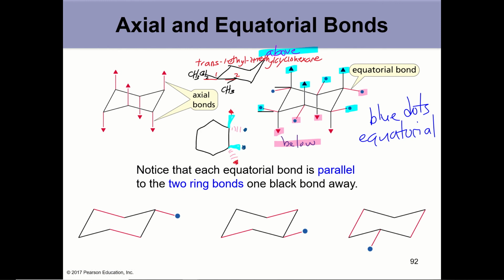We could translate this into a flat cyclohexane structure that doesn't show the 3-dimensional shape.